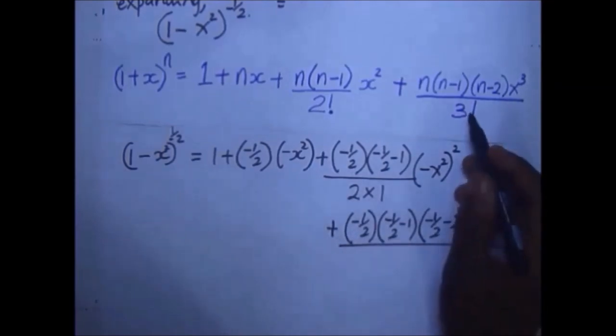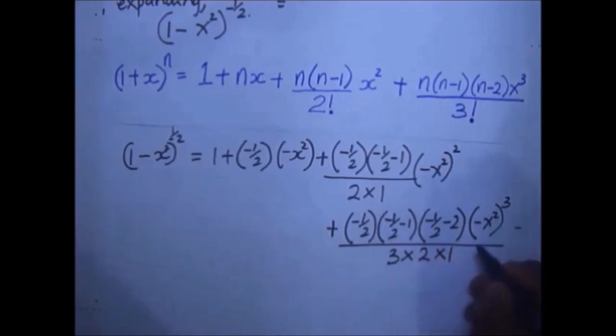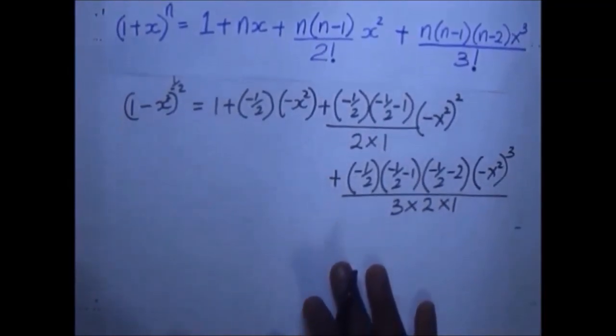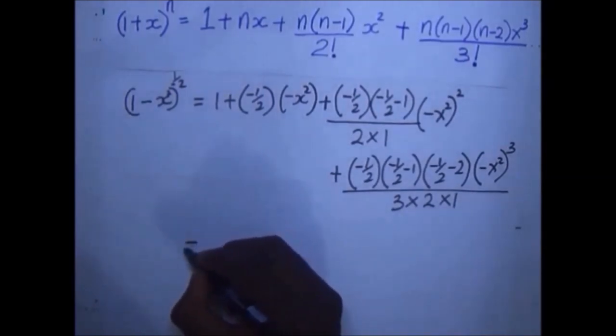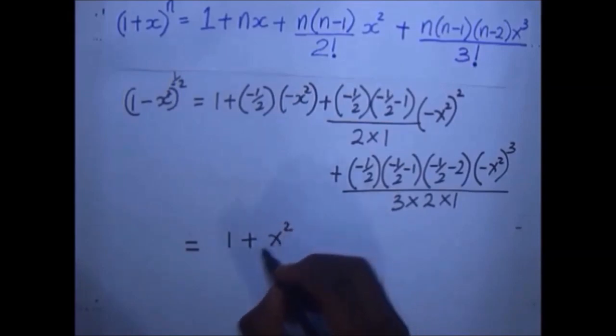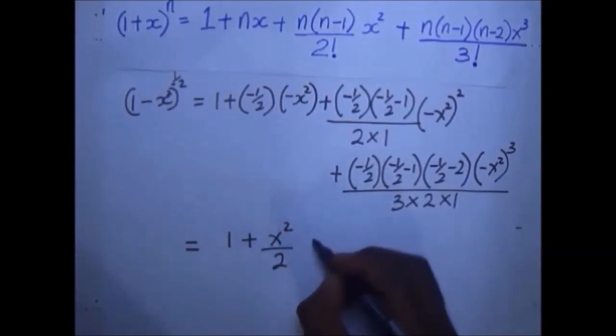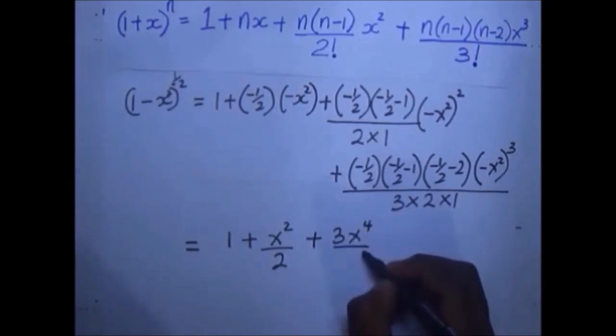Divide all that by 3 factorial. 3 factorial is 3 times 2 times 1. So our expansion there is simply going to become 1 plus x squared over 2 plus 3x to the power 4 over 8.